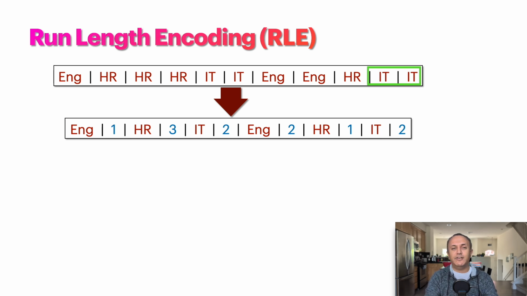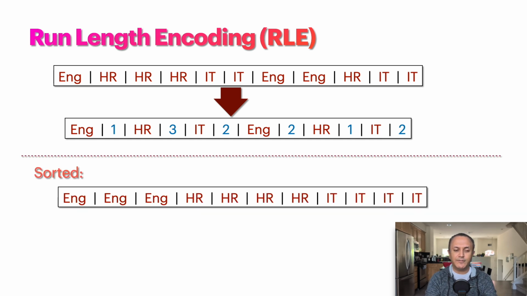Best case scenario is the opposite, is if the data is sorted, or if basically all the similar values are found together. So something like this. All the engineering values are together, all the HR values are together, all the IT values are together, because this means that you're going to encounter each of these values only once in the output.